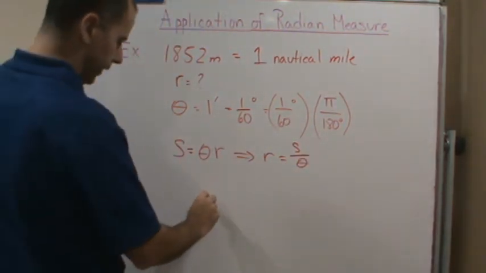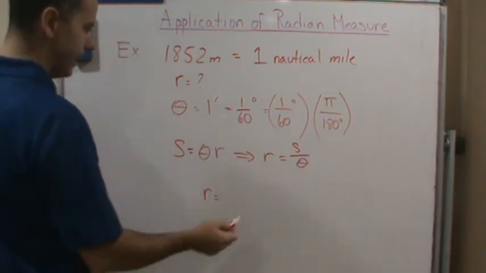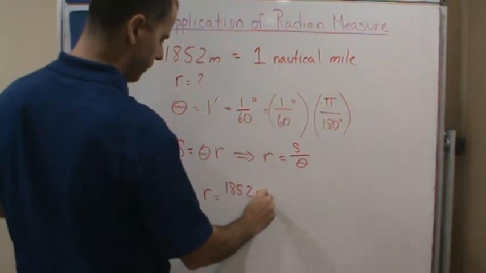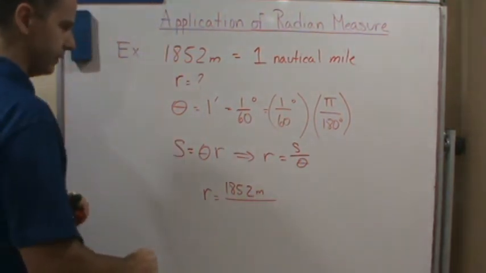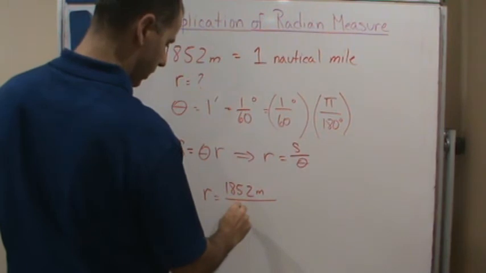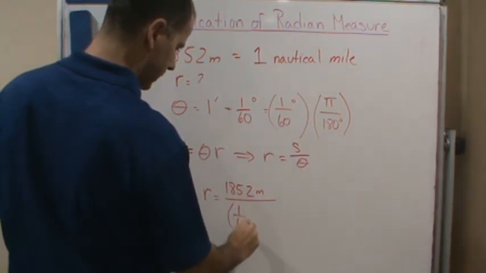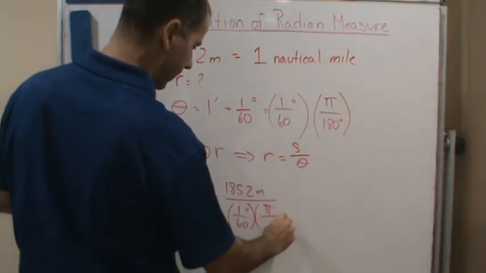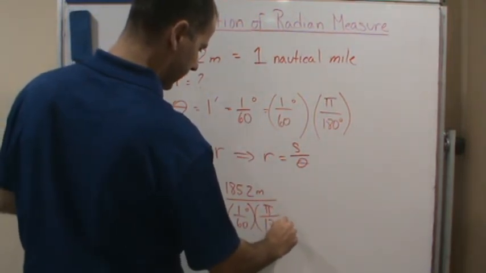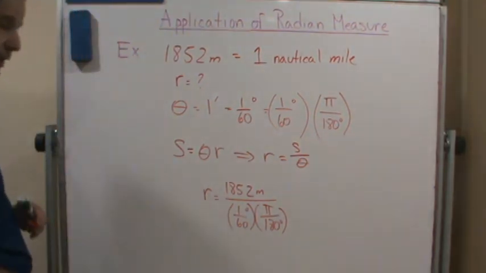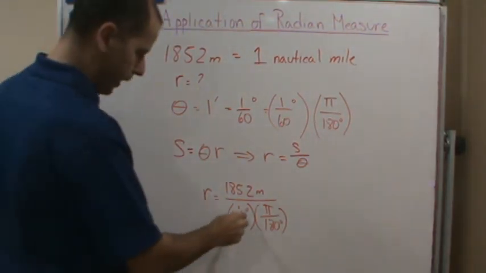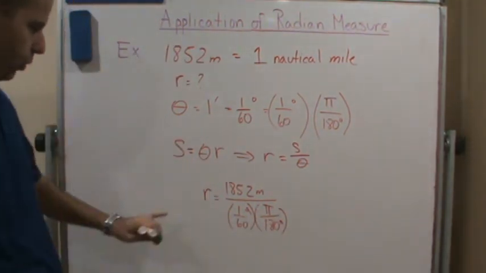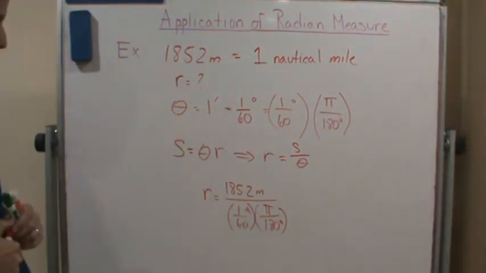Now we plug in: r equals s, which is 1,852 meters, divided by theta, which is 1/60th of a degree times pi over 180 degrees. The degrees cancel and we get radians, which is unitless. So our answer is going to be in meters, which makes sense.